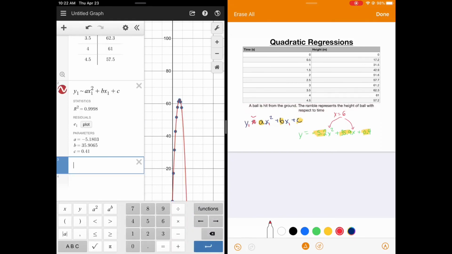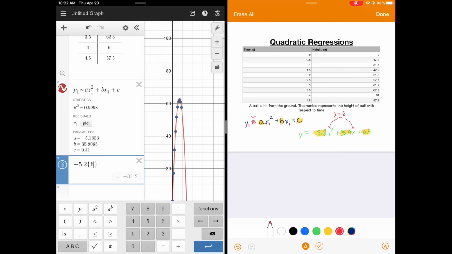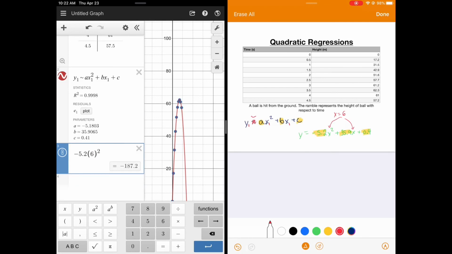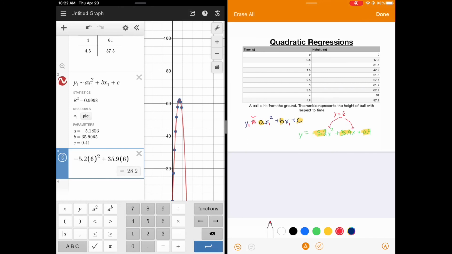So we'll go to Desmos and we'll type in negative 5.2 times 6 squared plus 35.9 times 6 plus 0.4. So after 6 seconds, my height is going to be equal to 28.6 meters.